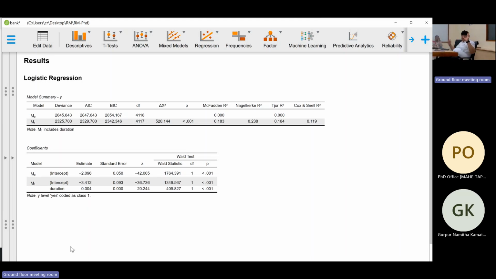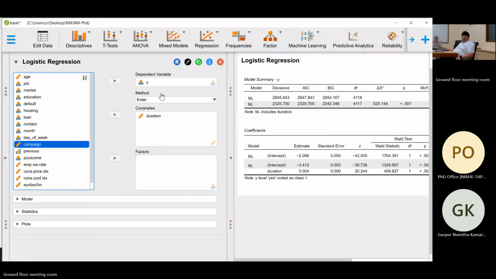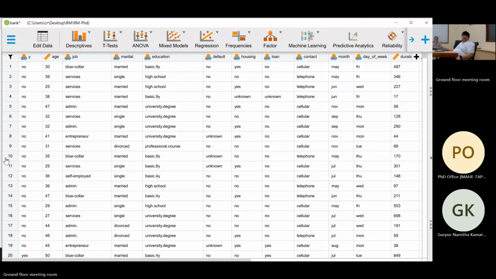It's saying that in that Y, which is your dependent variable, you had yes and no. So yes has been mapped to level 1, and no has been mapped to level 0. That's understood.